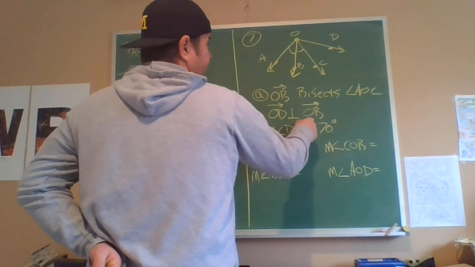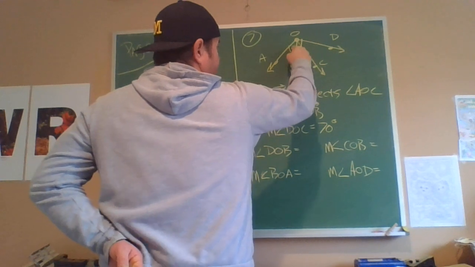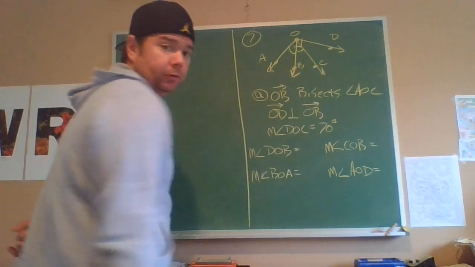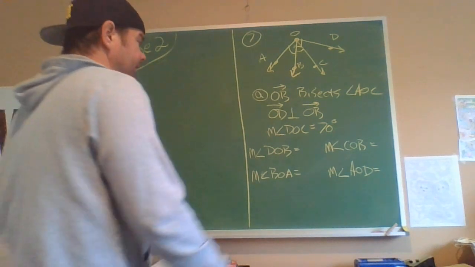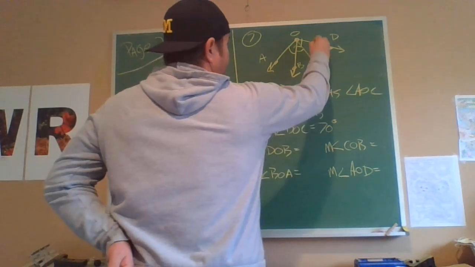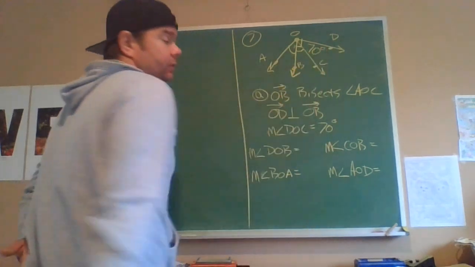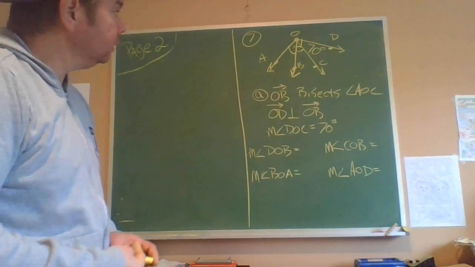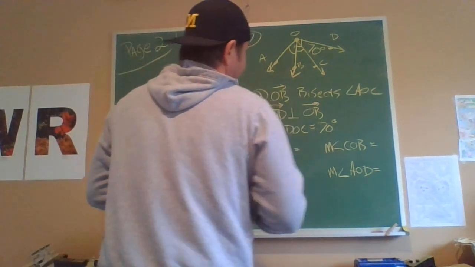OD is perpendicular to OB, so I know that's making a right angle there. And the last thing is the measure of angle DOC is 70 degrees, so DOC is something here, and that's 70 degrees. I can actually fill in the rest of this.